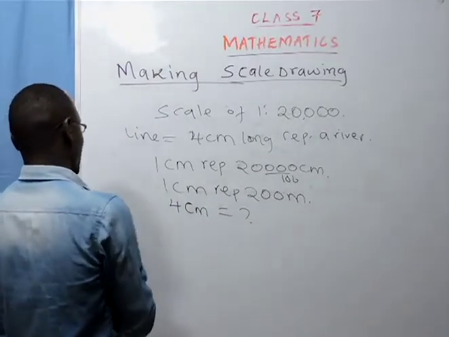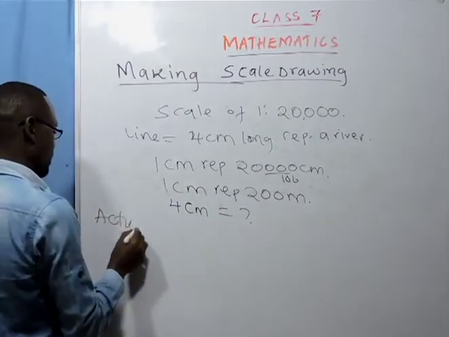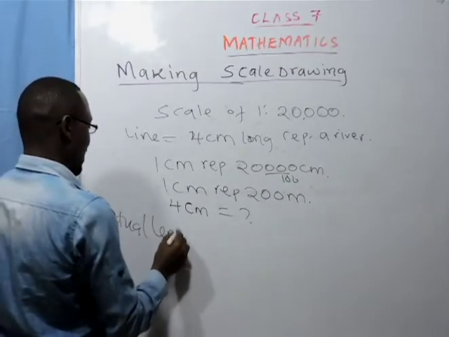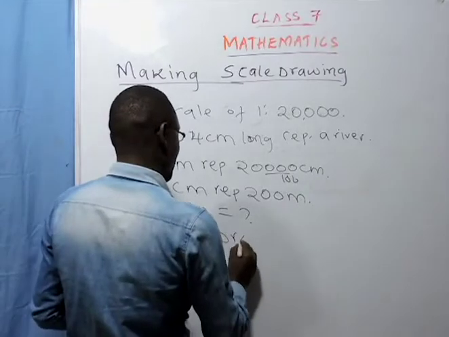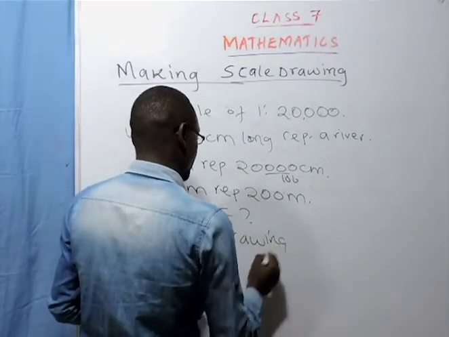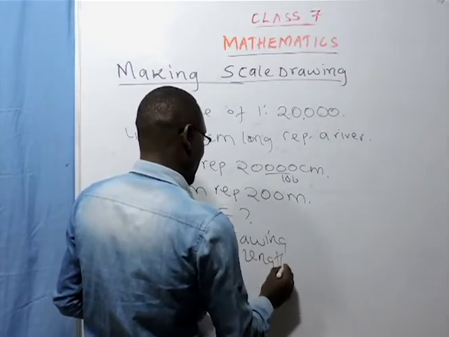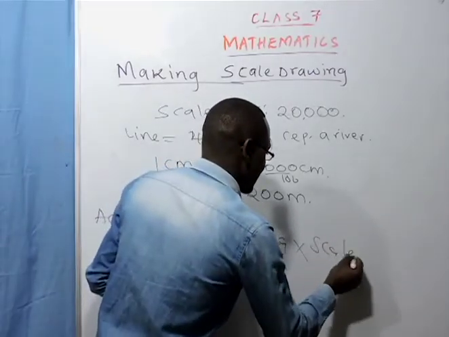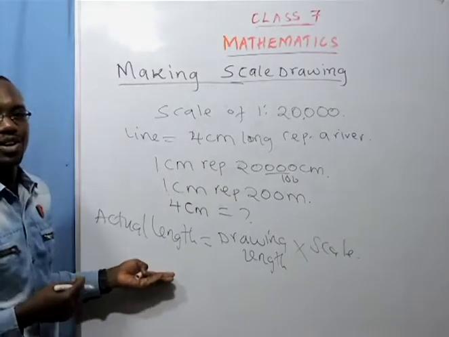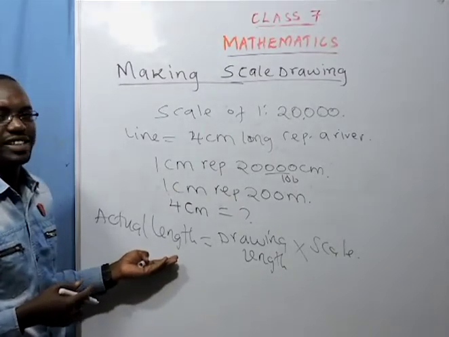Because we are looking for the actual length, to get the actual length we take the drawing length times the scale. This is how we get the actual length in scale drawing.